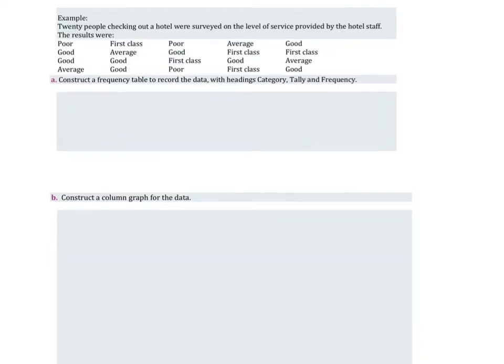In this example, 20 people checking out of a hotel were surveyed on the level of service provided by the hotel staff. So the options were poor, average, good, first class. Well, what we need to do here is create a frequency table in order to tally up those responses and then work out what their frequencies are.